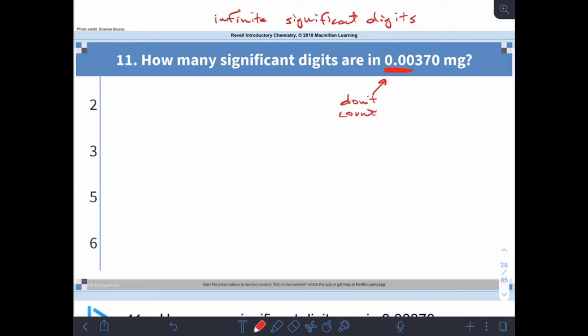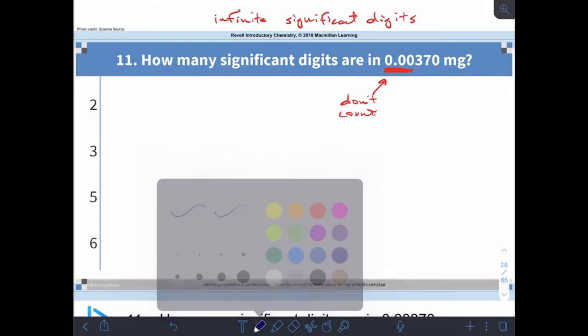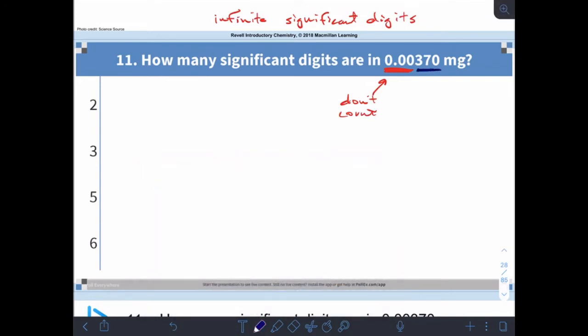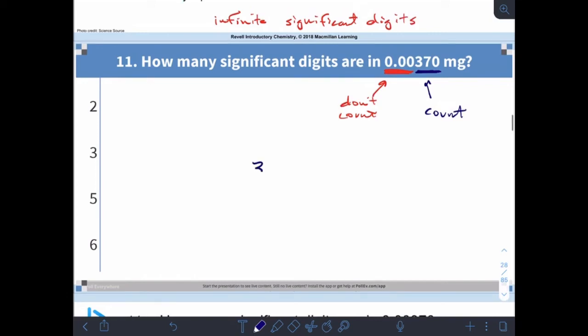Non-zeros count and trailing zeros count. All right, so there are 3 digits that count. So we have 3 sig figs, because it's easier than writing out the entire word significant digits or significant figures. So 3 sig figs for this one is our correct answer.